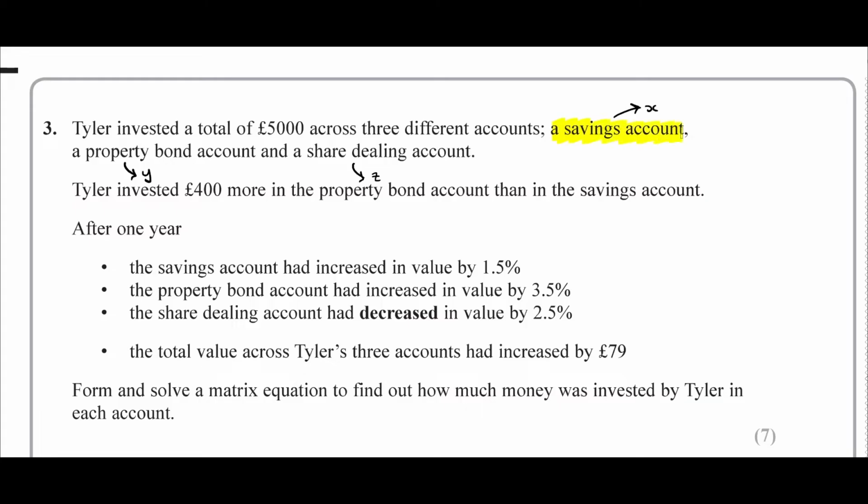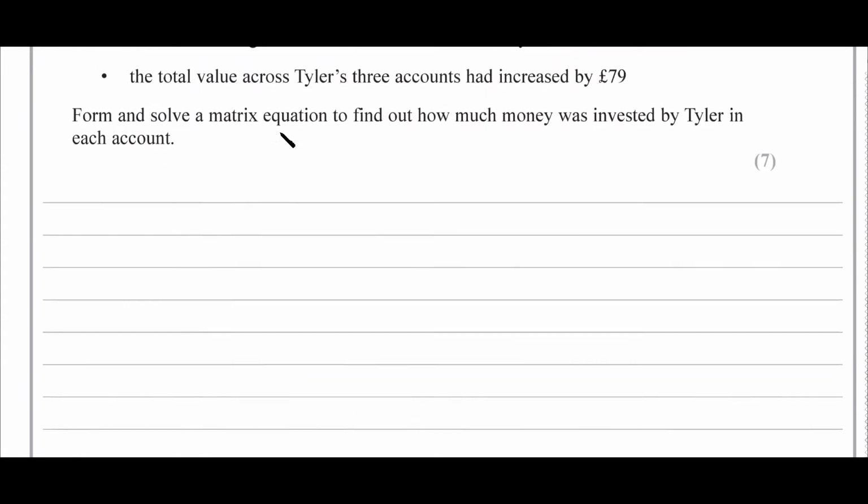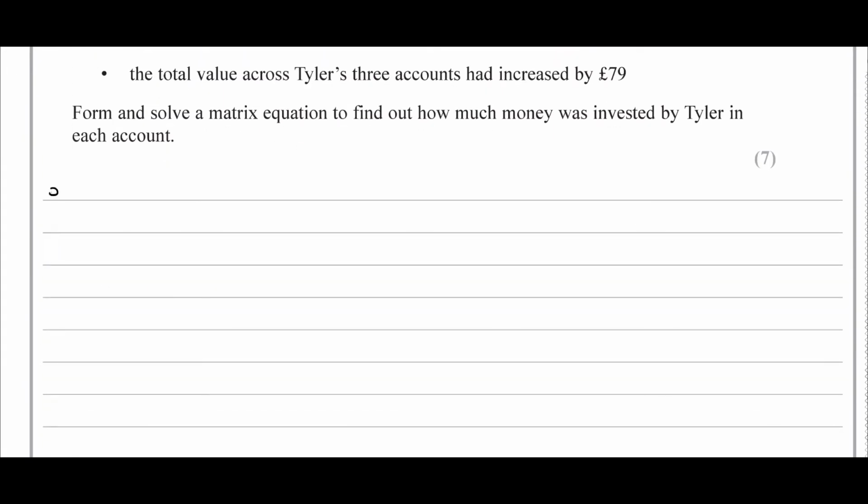We have the savings account, which we'll denote as X, the property bond account, which we'll denote as Y, and the share dealings account, which we'll denote by Z. With that being said, we first of all know that he invested a total of £5,000 across these different accounts. So we have X plus Y plus Z equals 5,000.